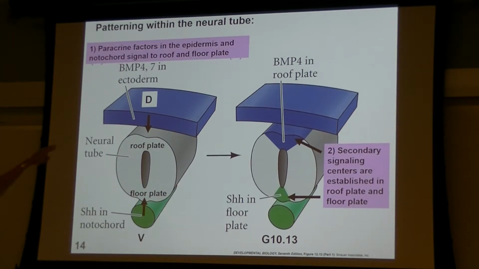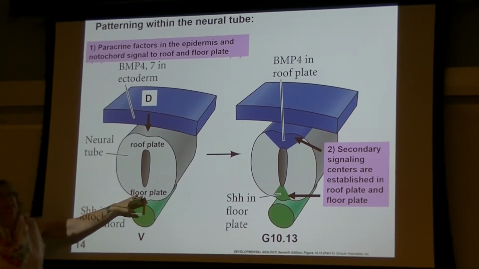That's going to be in contact with the outside layer of ectoderm surrounding the entire embryo, and you're going to see signals coming from the ectoderm onto that roof plate and beginning to establish a territory that's unique and special and will eventually become the dorsal side of the neural tube. So here are some of the signals. They're all TGF-beta family members, such as BMP4 or BMP7, and they help establish a unique patterning to the roof plate.